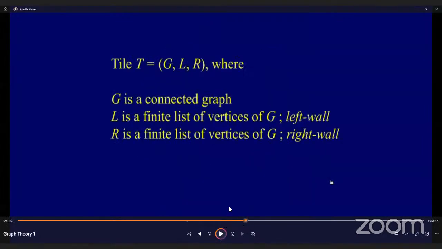Now that small piece is called a tile. A tile is a 3-tuple (G, L, R), where G is a connected graph, L is a list of vertices called the left wall, and R is a list of vertices called the right wall.